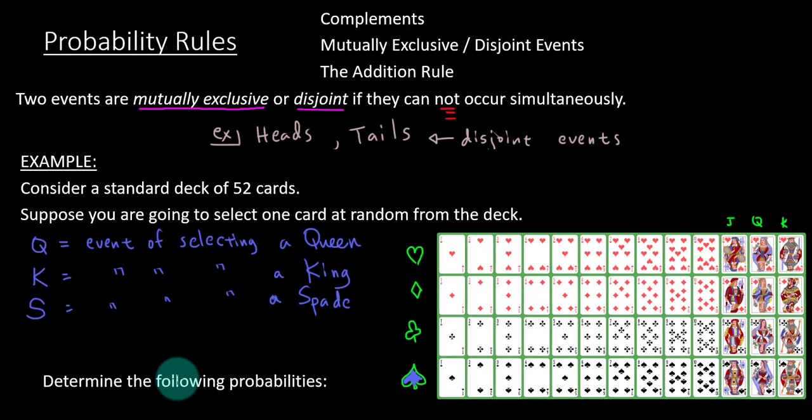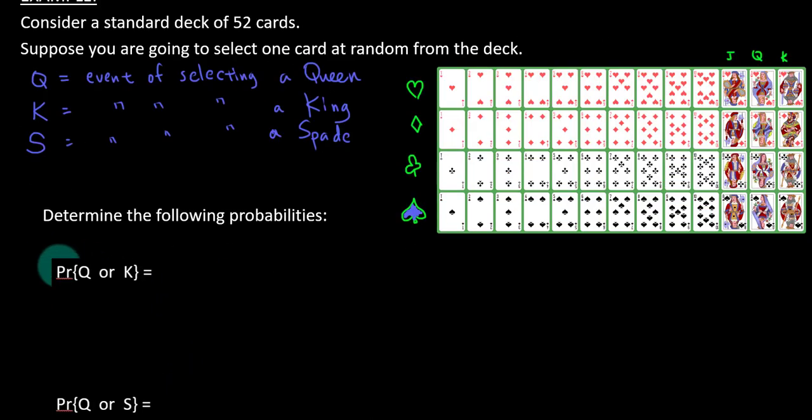Let's determine the following probabilities. Here I have written the probability of selecting a queen or a king. And we're going to determine these using the theoretical or classical approach. And so we're going to count how many times a queen can occur and how many times a king can occur out of the 52 cards.